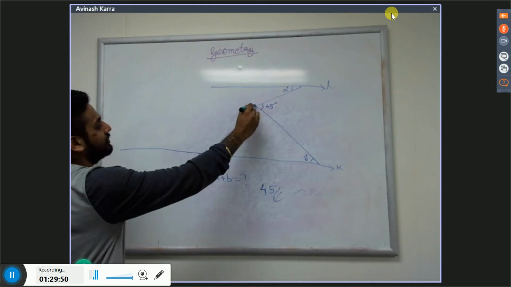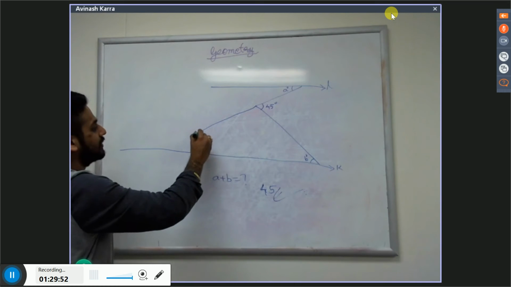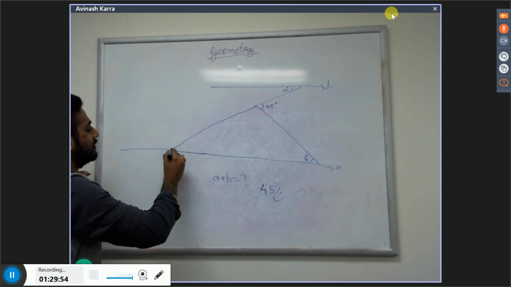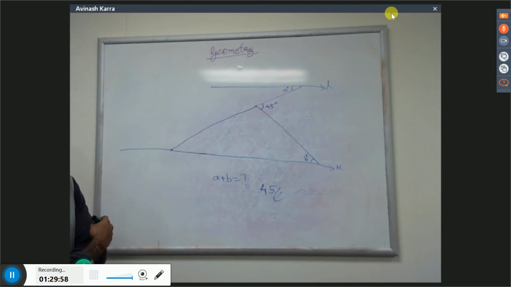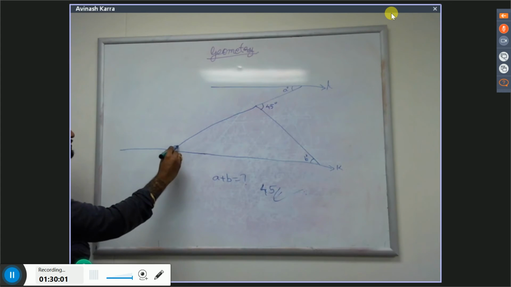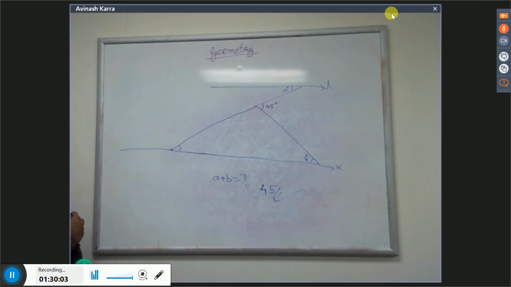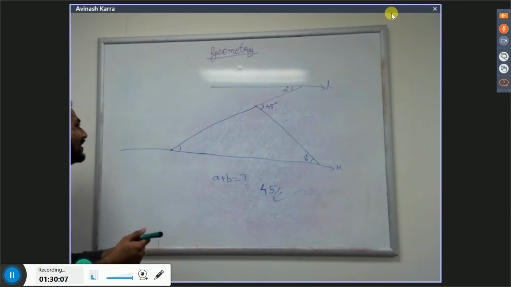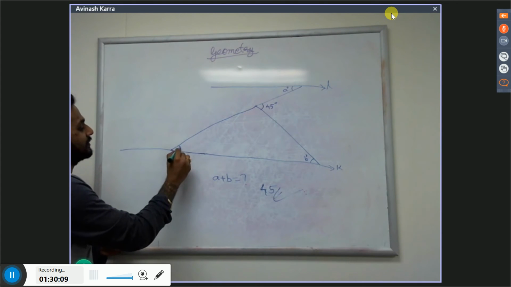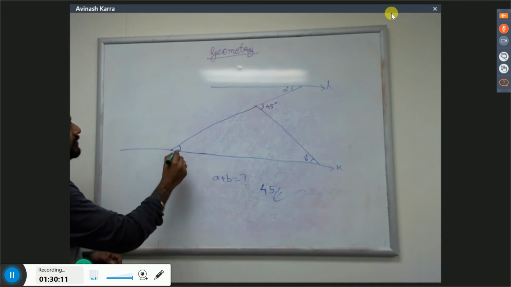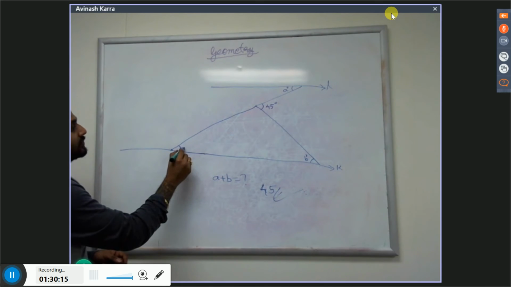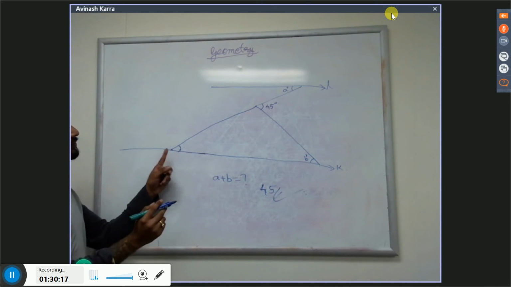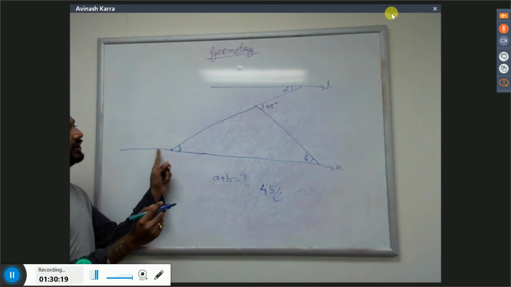Yes. If I draw a straight line, if I extend this till here, what will be this angle? Angle A. No, I'm giving the hint to her. What's 180 minus 40? 135? So this will be 135 degrees? No, this angle.